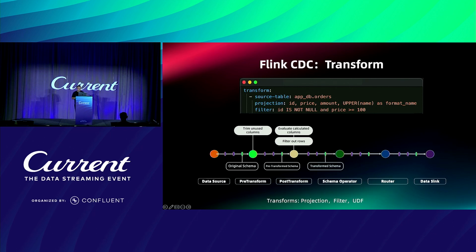The last internal of Flink CDC I want to share is about transform. There are also too many technical details I could share, but I plan to introduce it simply for speaking time consideration. Flink CDC YAML supports projection, filter, and UDF in transform.